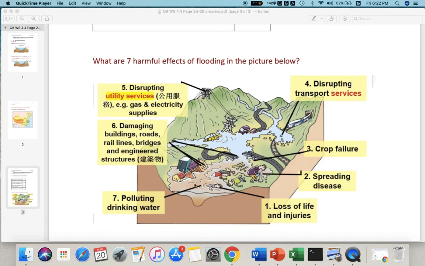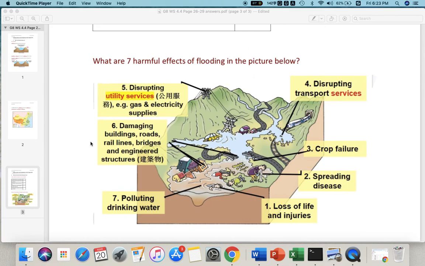And of course, number 7, related to number 1 and number 2: the water is polluted, especially the drinking water. So the water is not safe anymore. If you drink the water, you might get a disease or you might even lose your life.